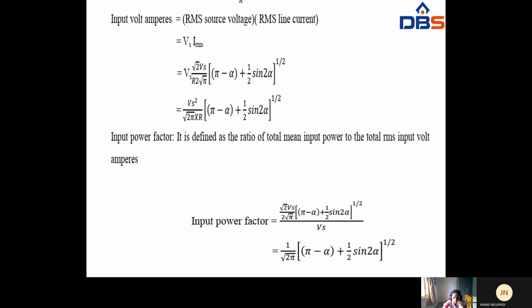Simplifying this, we get the input power factor as 1 by root 2 into pi minus alpha plus 1 by 2 sine 2 alpha, whole power 1 by 2.